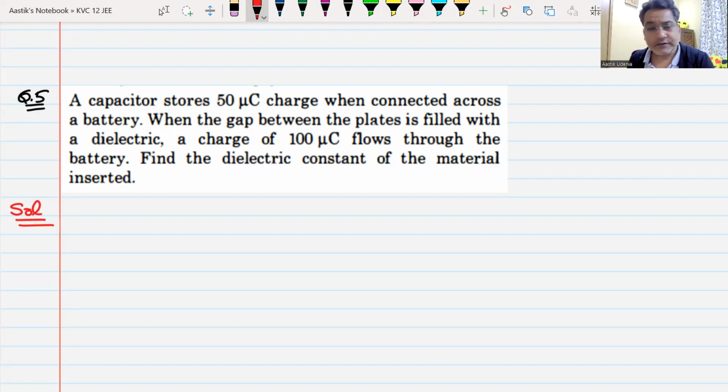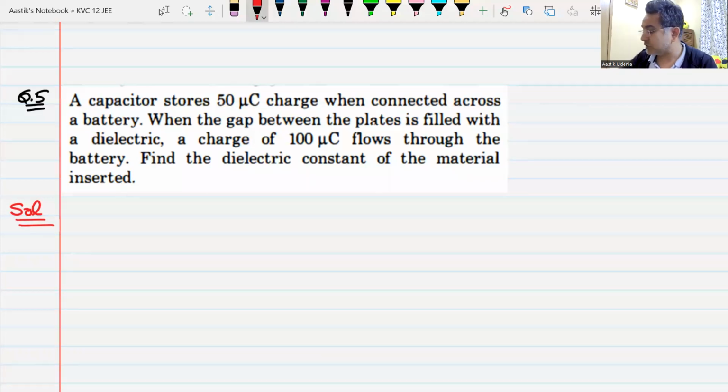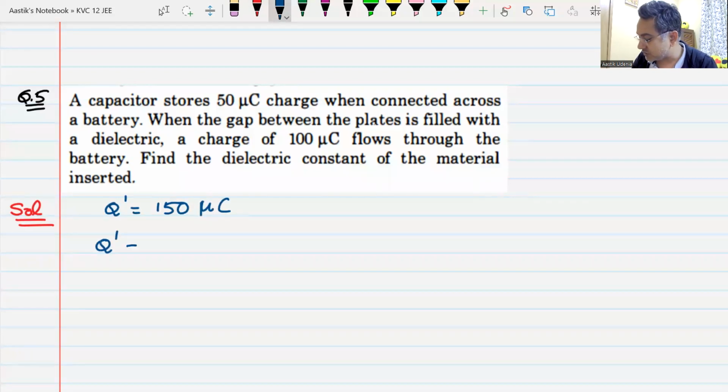When the dielectric is inserted, 100 microcoulomb of charge has flown. So the new total charge, Q dash, becomes 150 microcoulomb. Yes or no? Yes, sir. The new charge Q dash must be K times the original charge. So the value of K becomes 3.